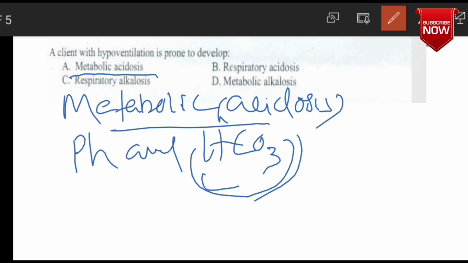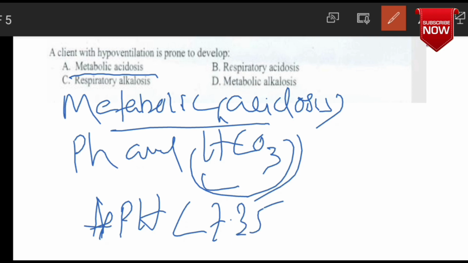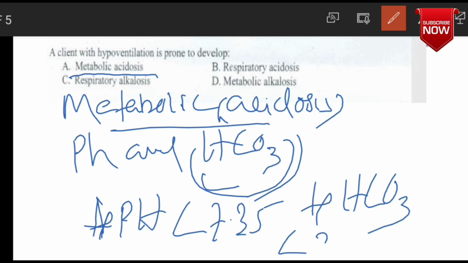So increased hydrogen ions means decreased pH. Decreased pH means acidosis. In all acidosis, the pH value is decreased. The value is less than 7.35 and decreased bicarbonate level, value less than 22 milliequivalent per liter.